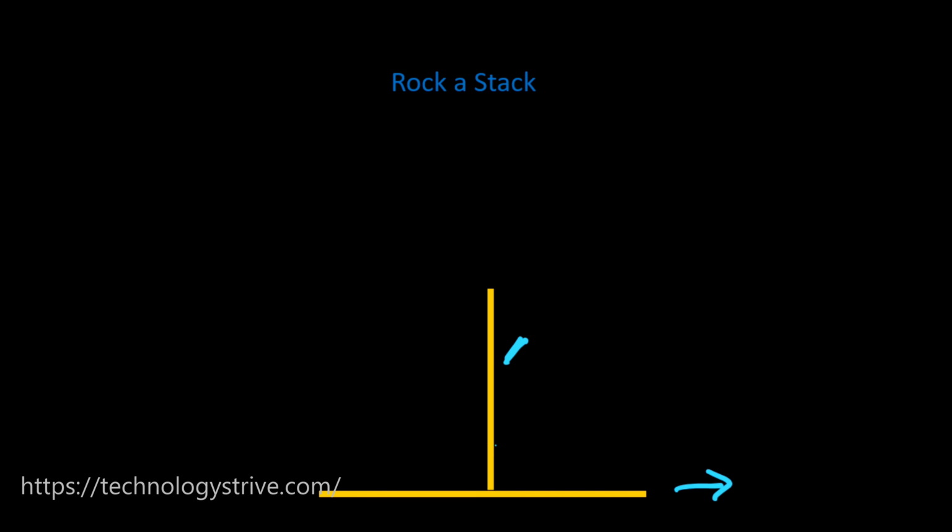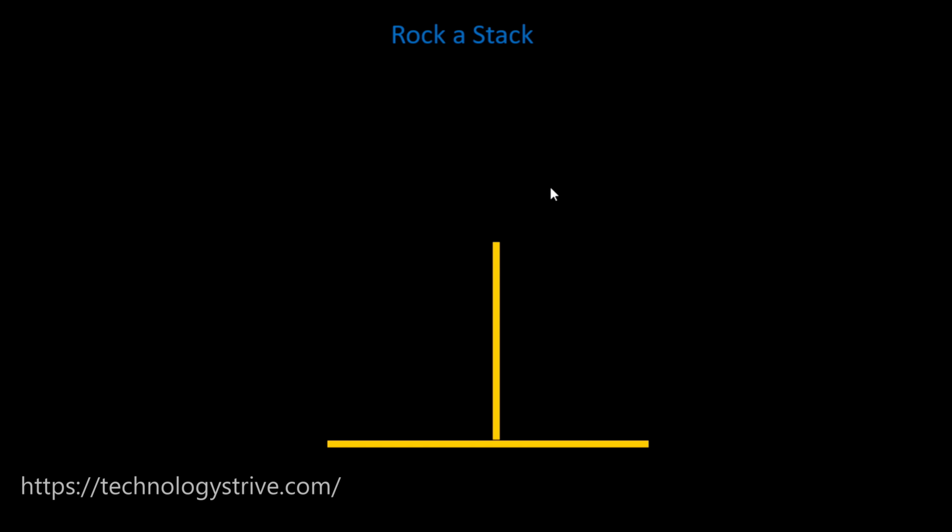So this is the end which is closed, and another end is here which is open. And here you have given some set of rings or discs in which you can add using this open end. Either you can add or remove using this open end. Let's see how exactly it happens.